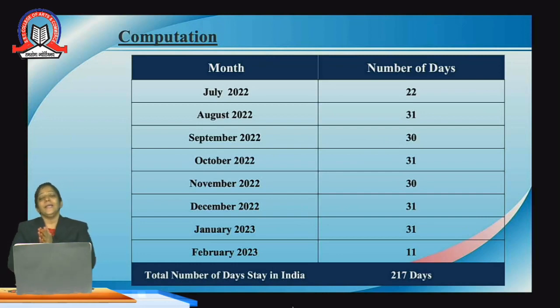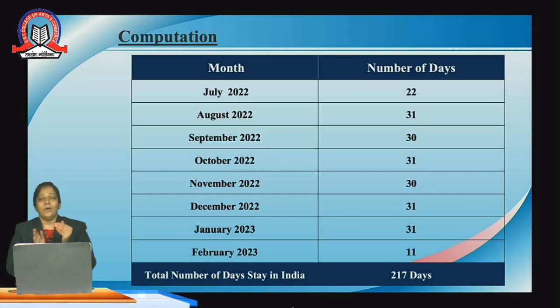In July, he came on 10th July. So we need to consider and include the day on which he came, that means 10th July as well. So here in the month of July we have a total of 31 days. Out of 31 days, he was there from 10th till 31st. So in all we have 22 days.